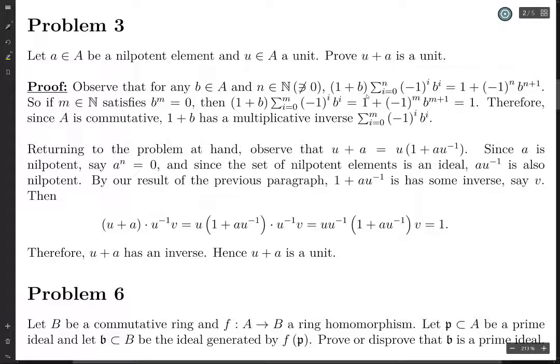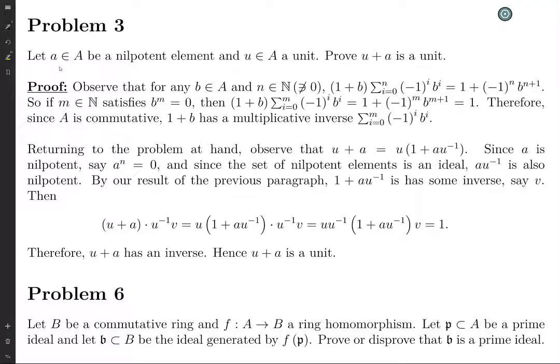1 plus b. Oh, yeah, of course, that doesn't really matter because we're talking about nilpotency, and that means a to the n is equal to 0. And that's never going to happen for a to the 0. I don't think we define a to the 0 for rings, because when we say a to the n, we just mean you take a and multiply it by itself n times.